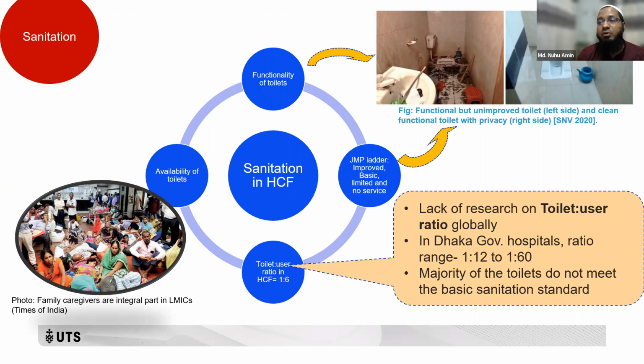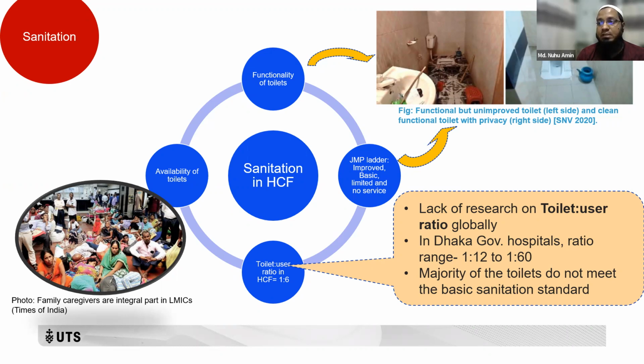Another important thing which is really missing in the global data is the latrine user ratio. In high income countries, maybe there are fewer family caregivers and less patient flow in the hospital.